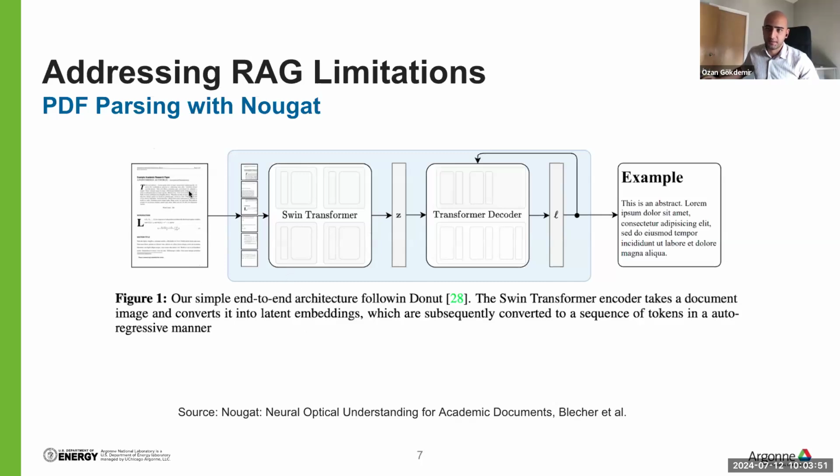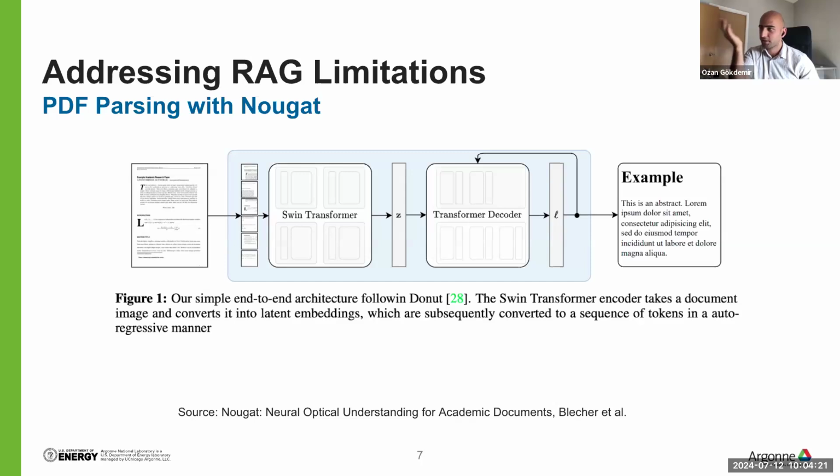It takes the PDF and splits it into pages. Then it tokenizes. You guys talked about vision transformers a few days ago, I think, in this summer school. It tokenizes each image patch by patch. Each of those patches gets encoded, fed into this architecture called the Swin transformer, into a latent representation, a vector.